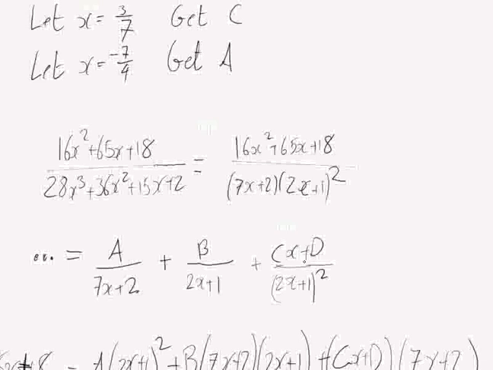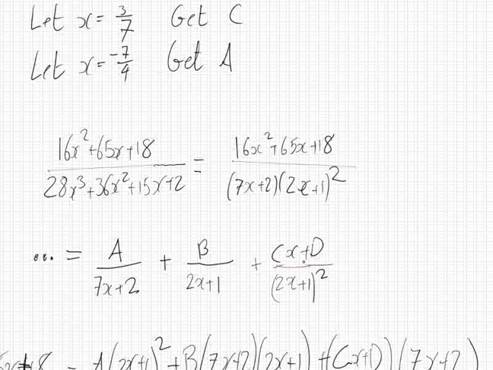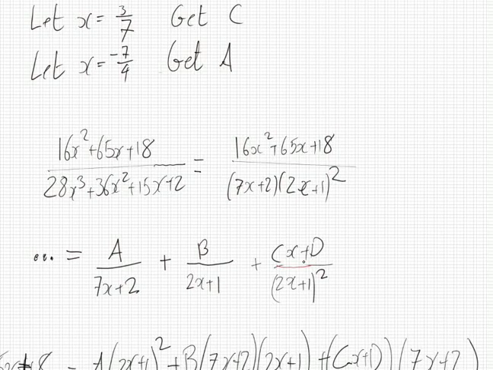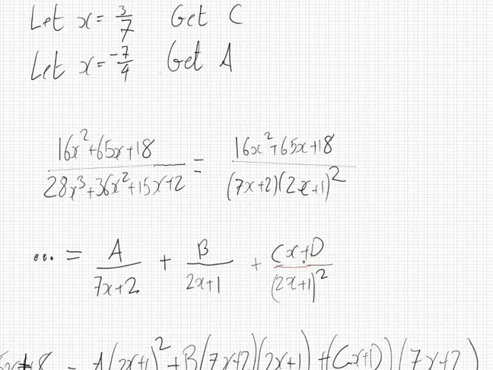What they had in the answer was only this. They said in the question, this can be written as a partial fraction that looks like this, except they didn't write in the D. So that means I know the D is 0.